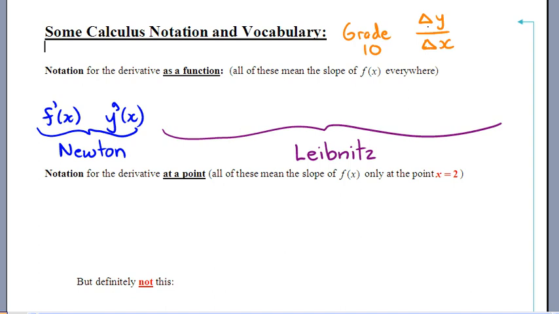Kind of going back to this grade 10 idea of delta y on top of delta x, these delta symbols, those are capital Greek letter deltas, meaning big change. A lowercase Greek letter delta looks a lot like our letter D. And so we pick up on that and say, hey, why don't we write this as some small change in f of x divided by some small change in x, which is kind of what our calculator does, right? Our calculator says, yeah, you could write that as dy dx. And so those mean small changes in y on top of small changes in x.